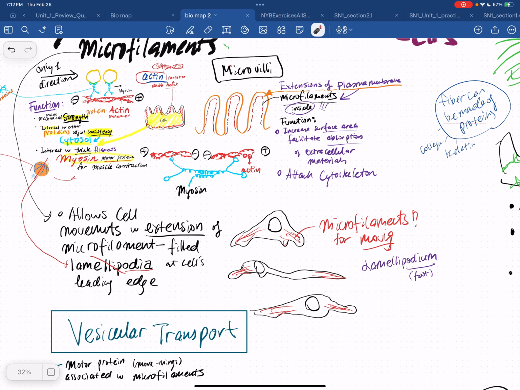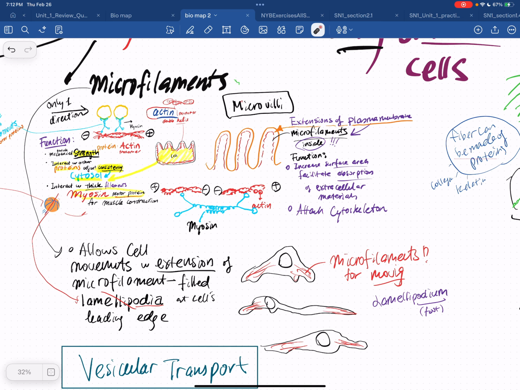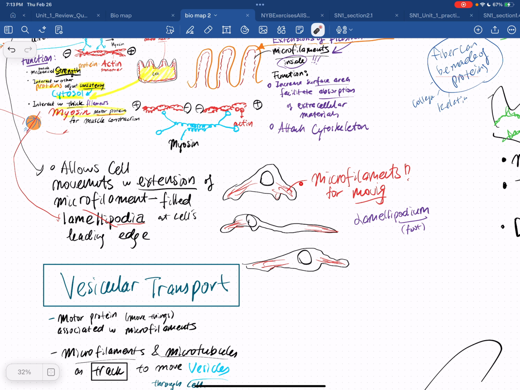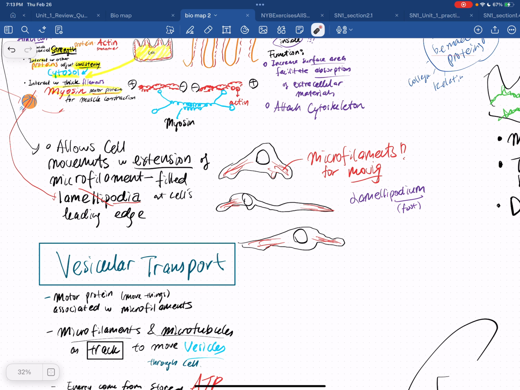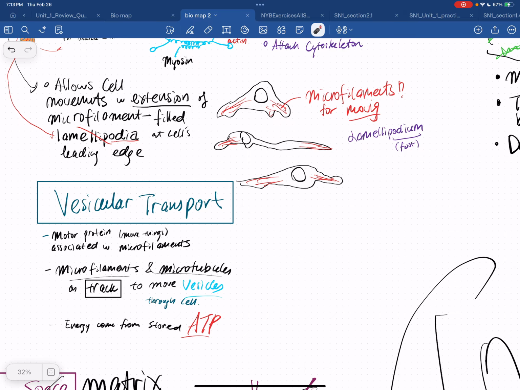So these microfilaments are also able to make cells move, like, I don't know, worms, and they are doing that by the extension of microfilaments. These microfilaments extend and will make lamellipodia or lamellipodium, which is just the walking, stretching of cells.